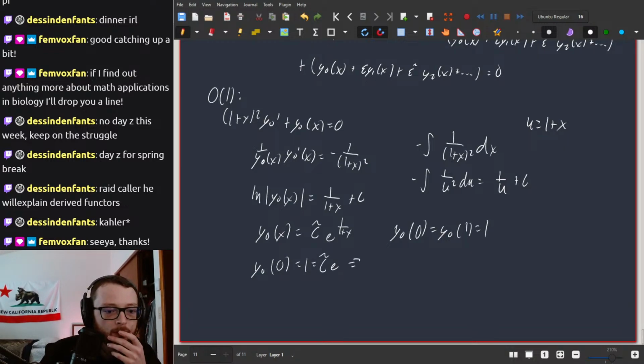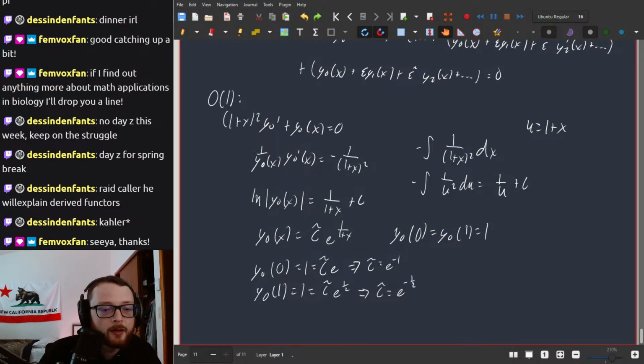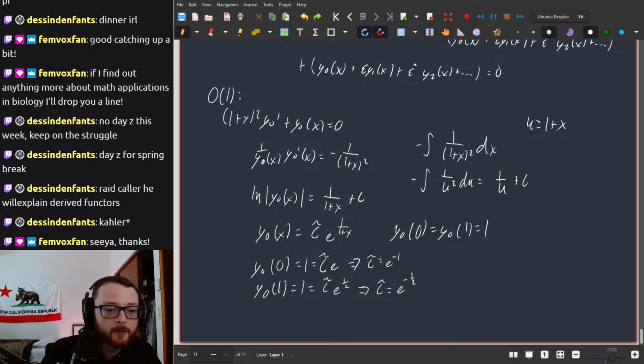So this implies e to the minus 1 y0 of 1 equals 1 equals c tilde e to the 1/2. C tilde is e to the minus 1/2. These can't both be true. And we know that a boundary layer is only possible at 0. So this first one is the one that's incorrect.